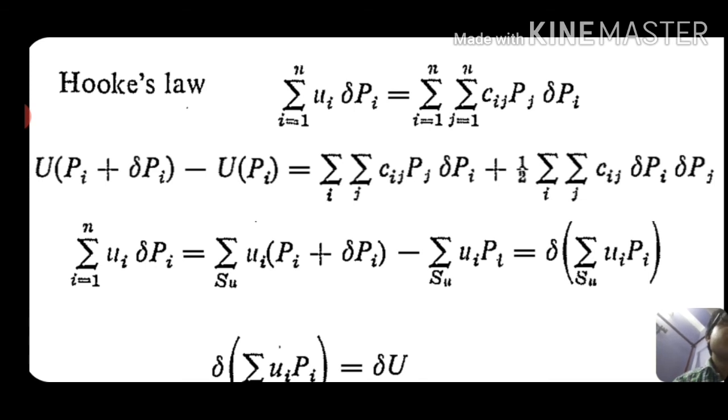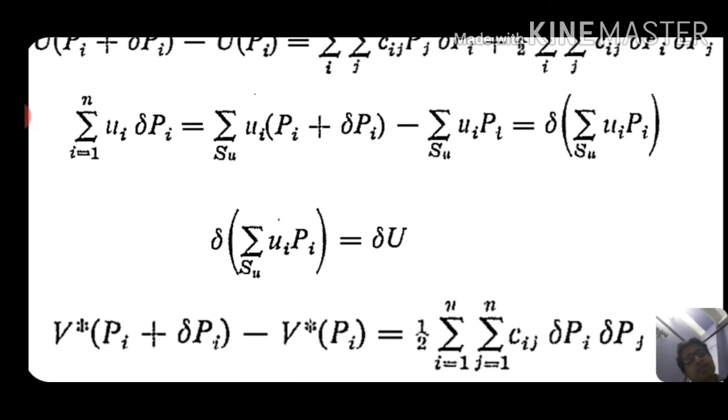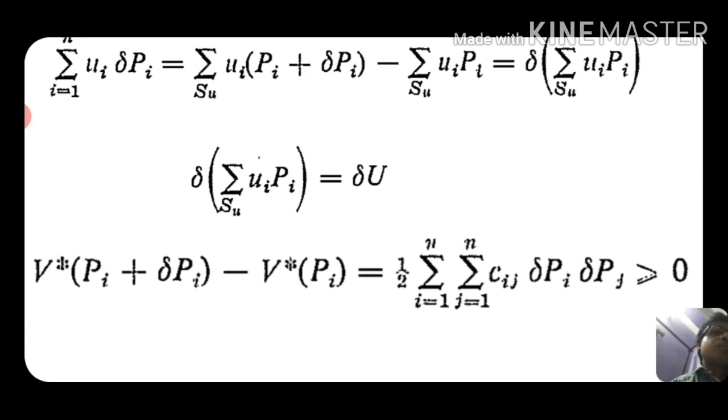So delta V star is equal to 0. This is the variational principle, the interpretation of which leads to the italicized theorem quoted above.